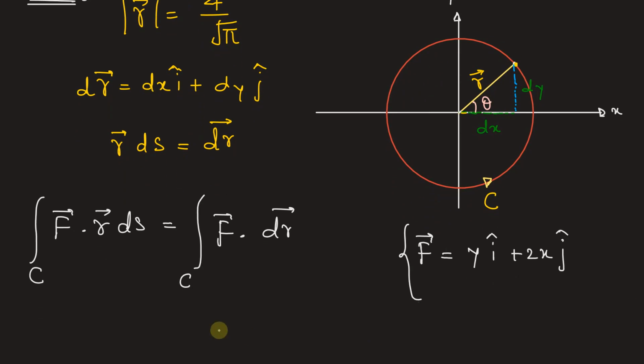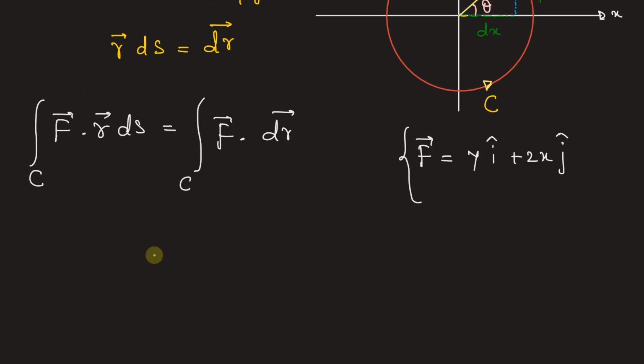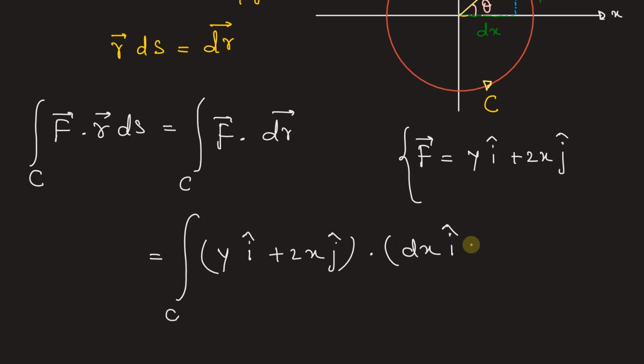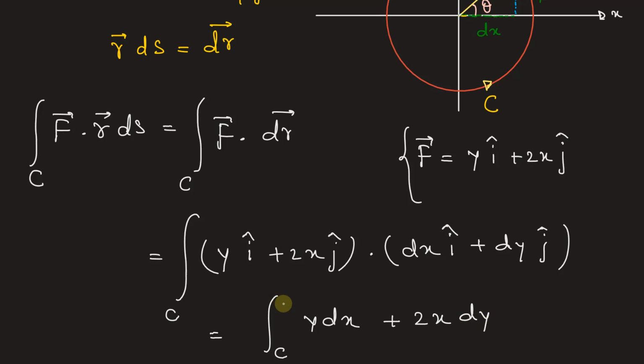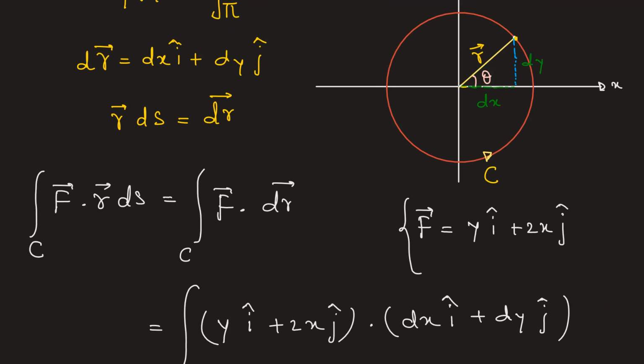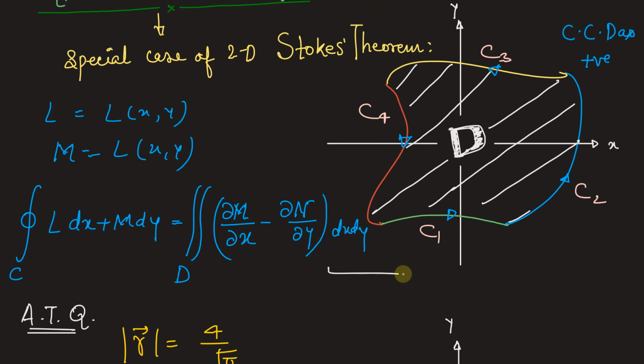So this line integral will be equal to the integral over the circle of y i cap plus 2x j cap dot dx i cap plus dy j cap. So this will be equal to the integral over the circle y dx plus 2x dy. Now let this be equation number 1, and this Green's theorem, let this be equation number 2.